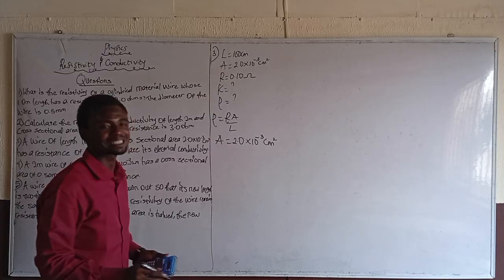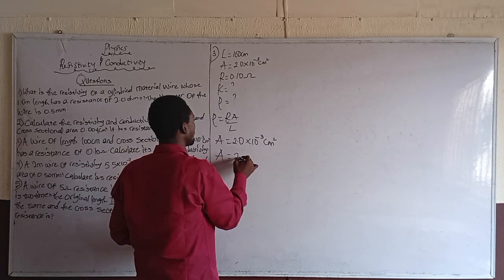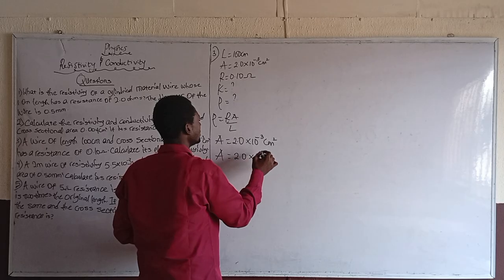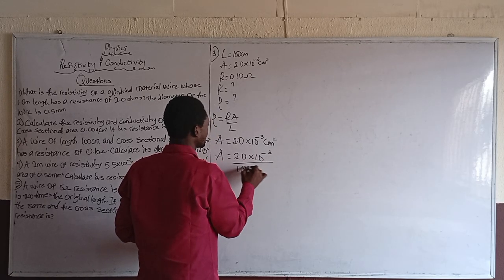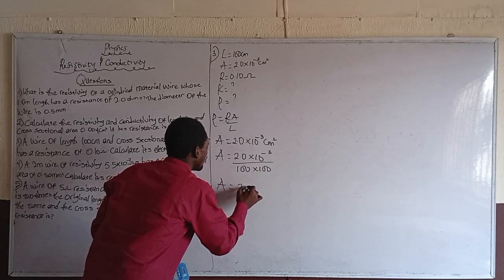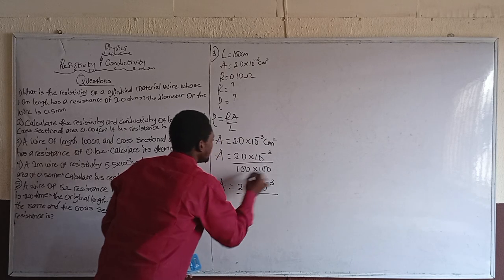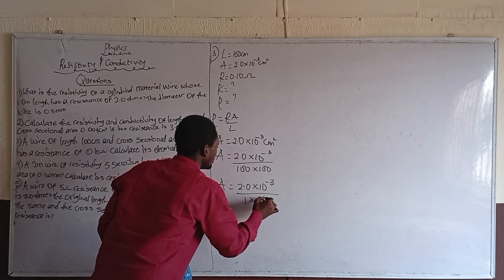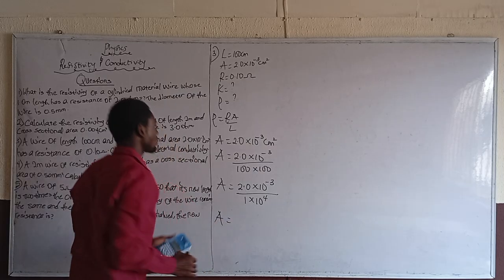So to convert from centimeter square to meter square, the area becomes 2.0 times 10 raised to the power minus 3 divided by 100 times 100. So the area is 2.0 times 10 raised to the power minus 3 divided by 1 times 10 raised to the power 4.